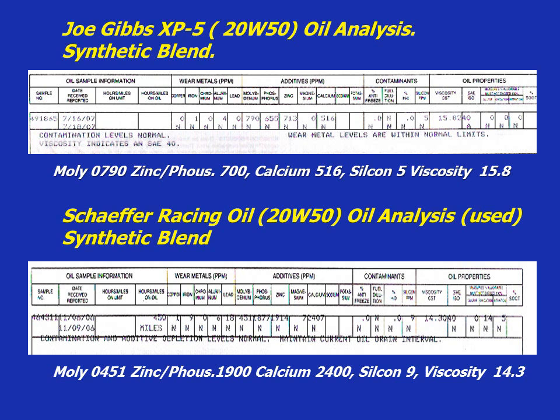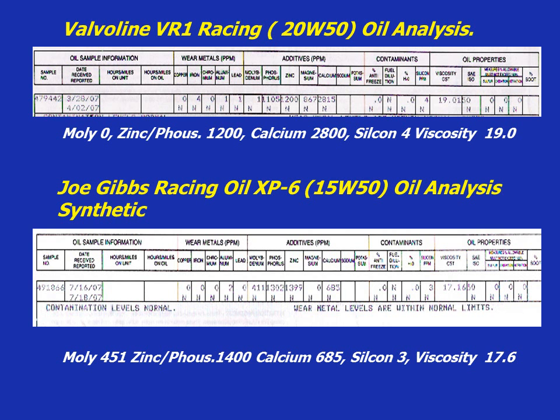So that was the different theories between those two products. Here was Valvoline VR1 racing oil. The moly was 0. Okay, and yet the Joe Gibbs here, they had for their 1550 they had XP6, they had like about 500 parts per million of moly, yet they had 1400 on the zinc. All right.